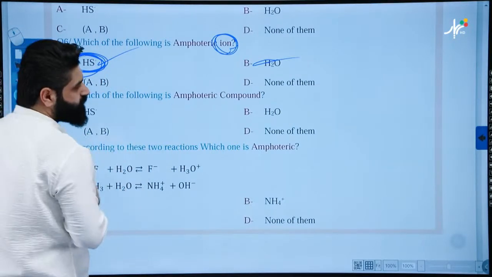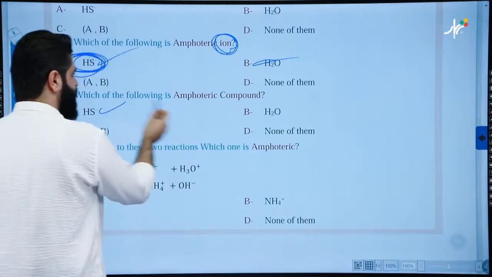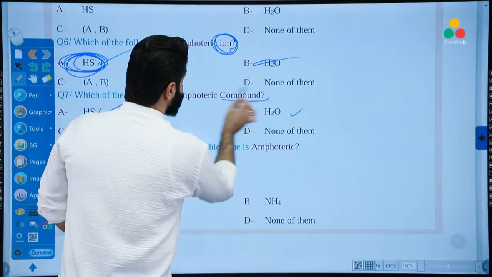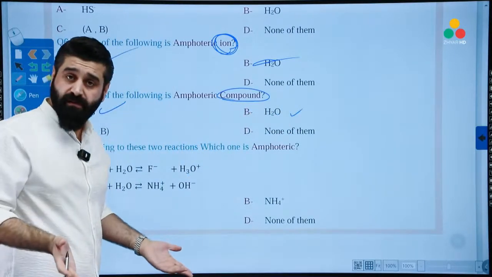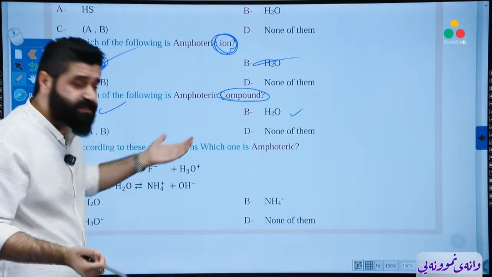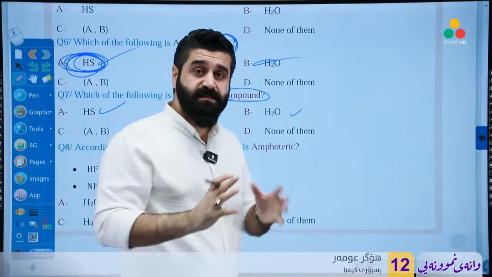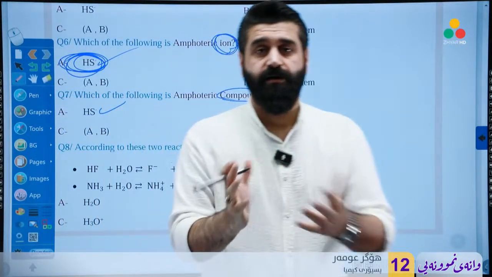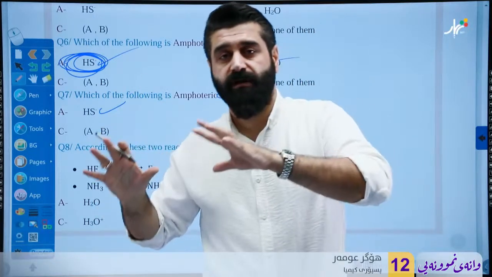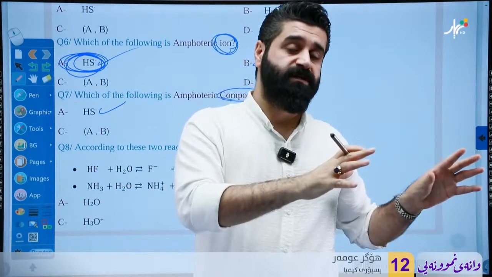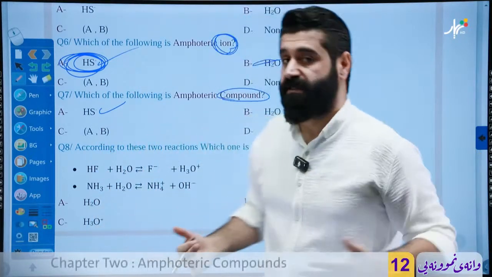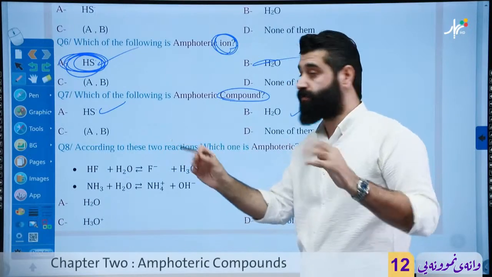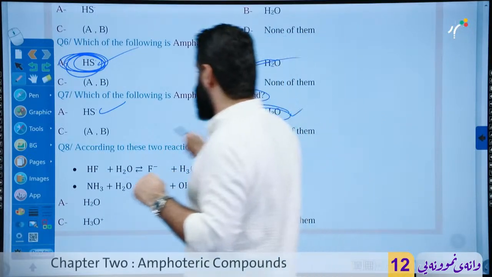Which of the following is an amphoteric compound? This is amphoteric, this is also amphoteric, but the question said amphoteric compound. A compound means a neutral substance, a chargeless substance, where the total negative must be equal to the total positive. They cancel out each other to have a zero overall charge. So only H2O is the amphoteric compound here.